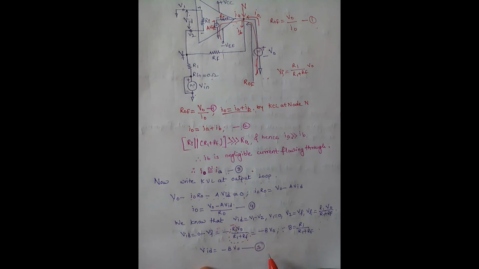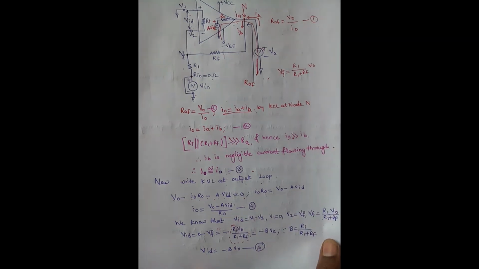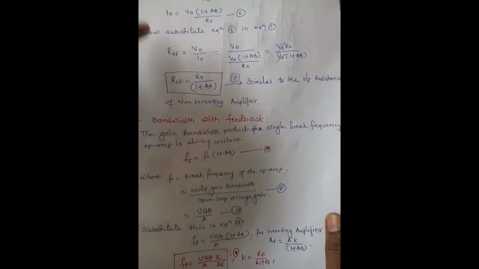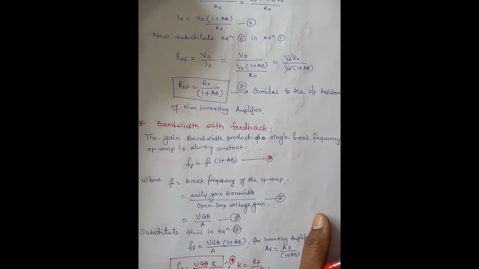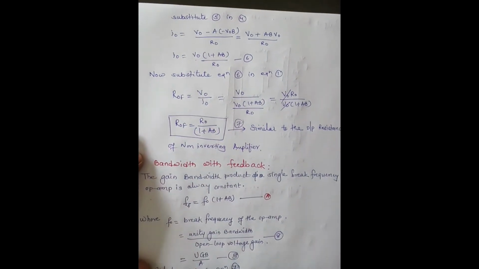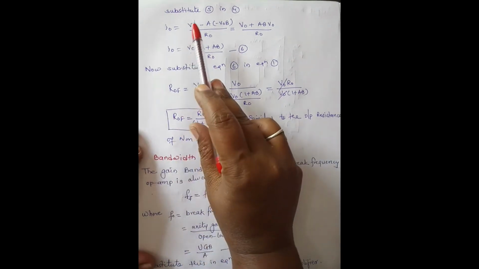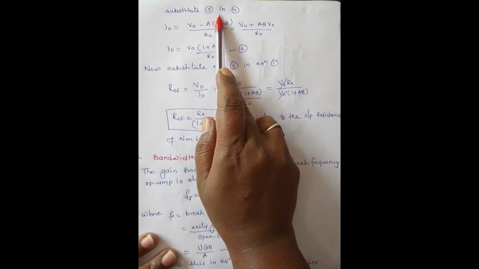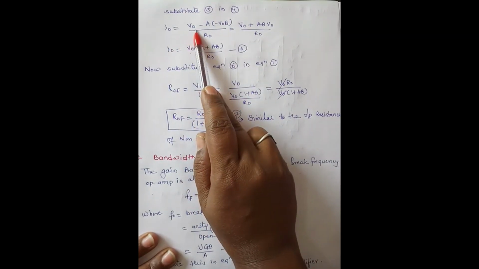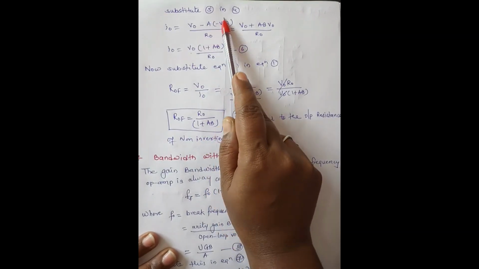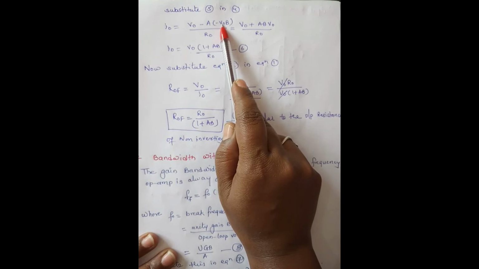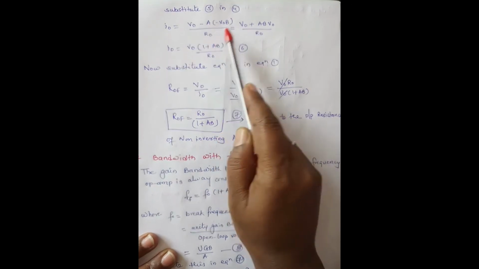Now this equation number 5 we are going to substitute into equation number 4, that is the current equation. Okay. So substituting equation number 5 in 4, I0 is V0 minus A, here VID is minus B into V0, divided by R0.